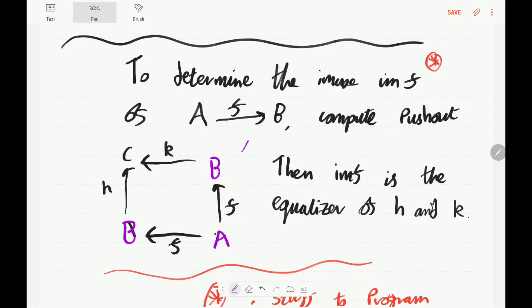And then we think of this H and K like this, and we take their equalizer.